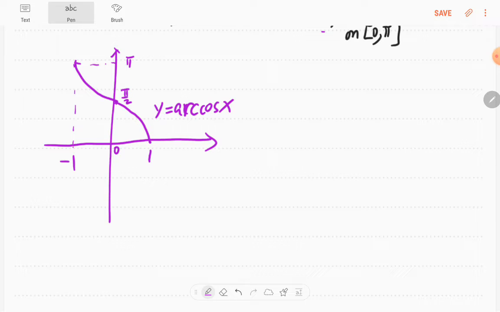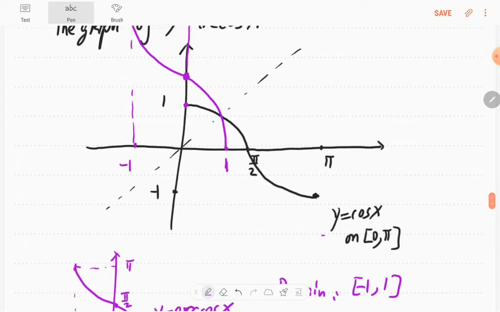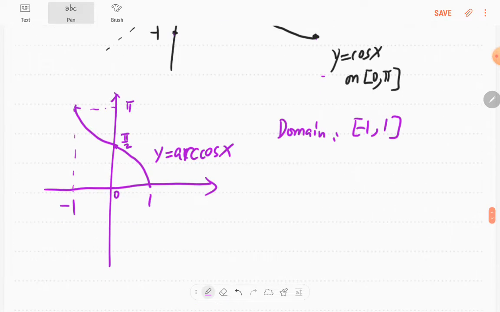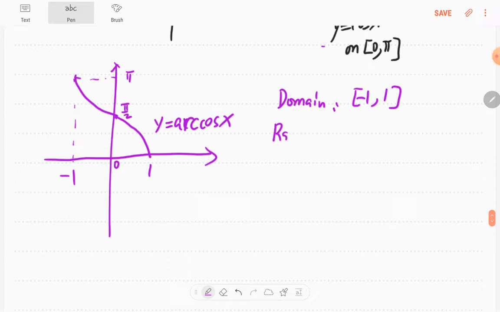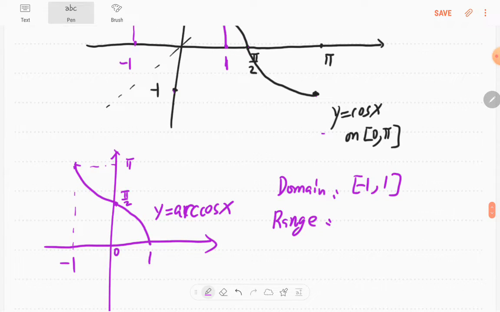From this graph, our domain is what? The domain is from -1 to 1, which is the range of the cosine function. We know cosine is from -1 to 1, right? Our range should be the domain of the cosine, our restricted domain, which is 0 to pi. So here 0 to pi is our range, right?